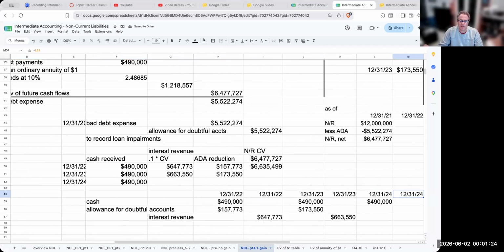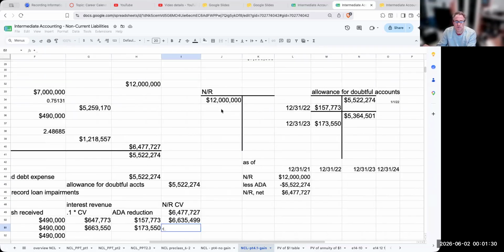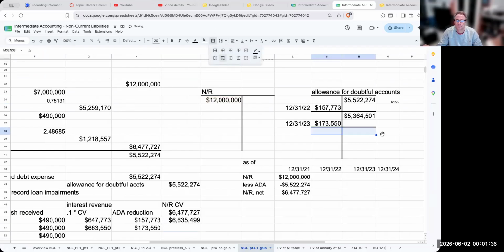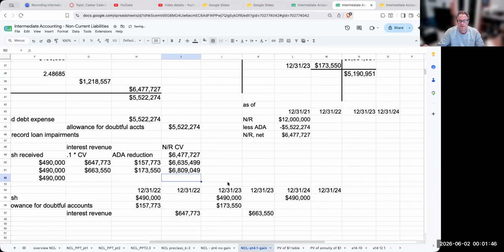So now coming over here for my last part, my note receivable carrying value is now going to be 12 million, basically minus 6,809,49.